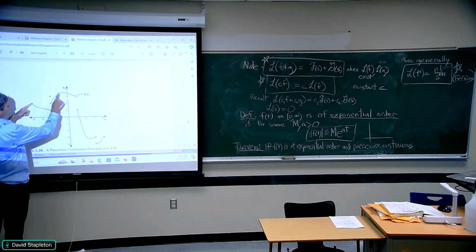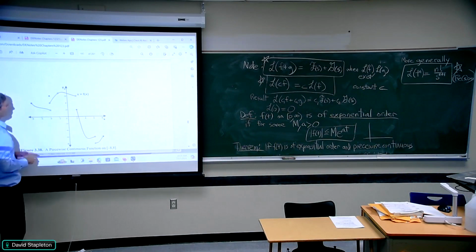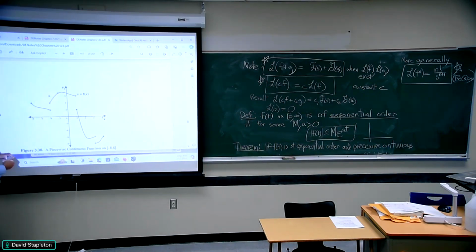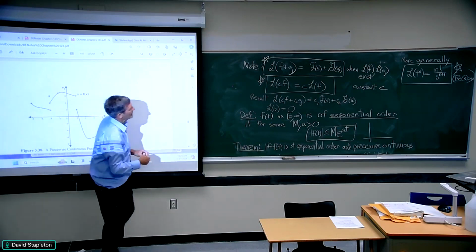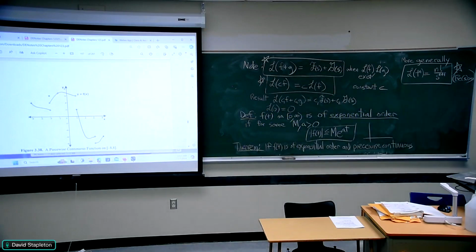Here's a removable discontinuity. If you just filled in the circle, it would be continuous, right? And over here, it jumps down here, and over here. There's a finite number of jump discontinuities, possibly removable discontinuities. Then it's said to be piecewise continuous, right? It can't blow off to infinity, but approaches a finite limit at each endpoint.